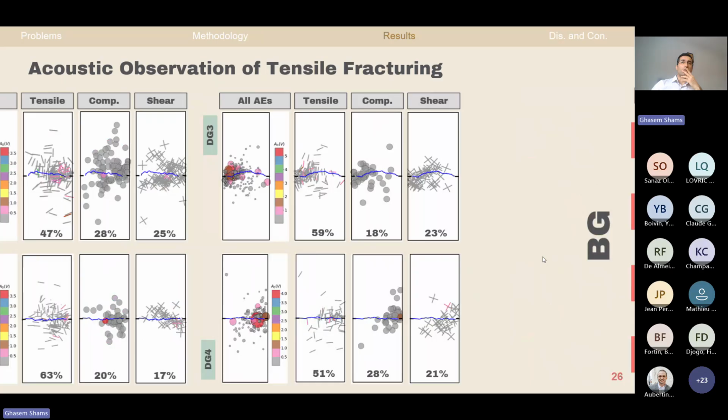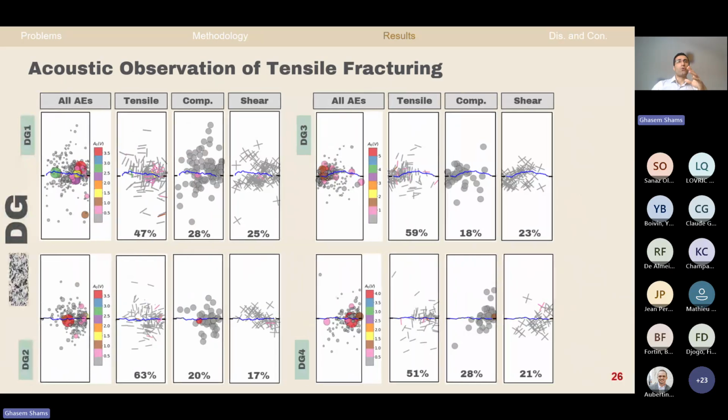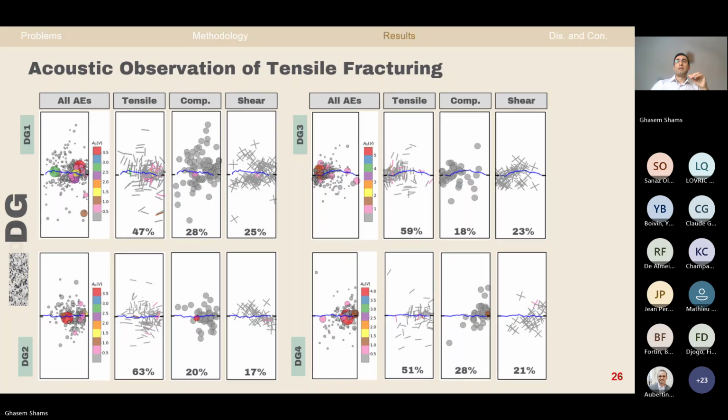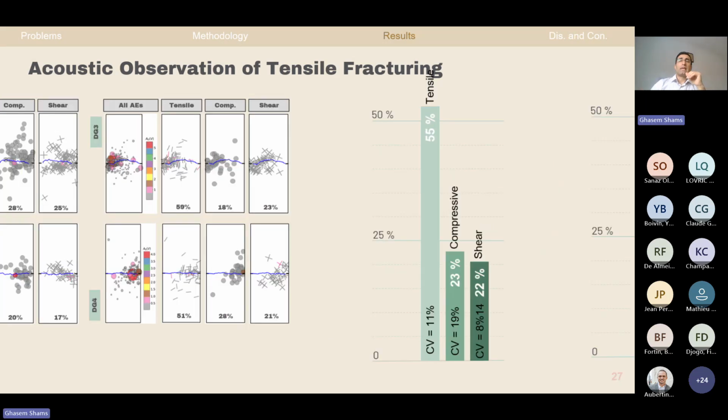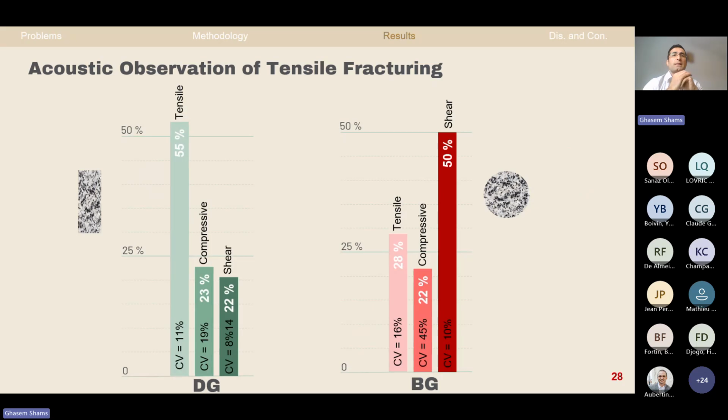But what about the direct tensile test? This is again 4 samples from the direct tensile test. On average, the majority of microcracks are tensile, 55%, and only 22% are shear.